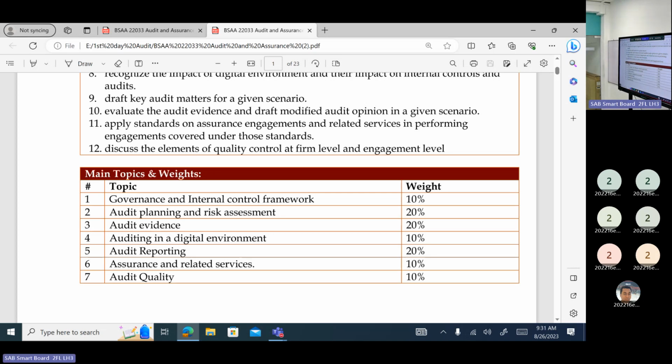In an audit firm, 95% are audits. Other assurance is very limited.